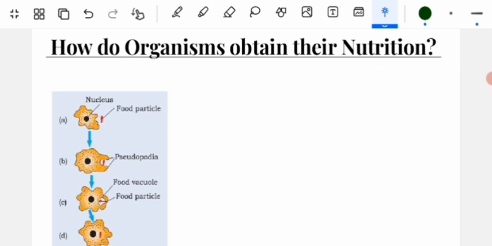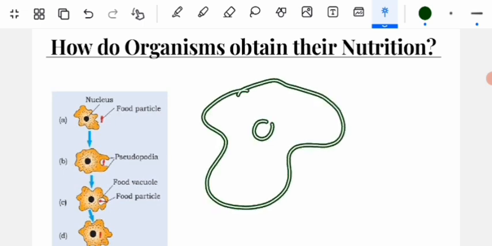As the cell number increases, the complexity of the system also increases. In that, if you see amoeba, okay, this is amoeba, this is nucleus, this is cytoplasm, liquid होता है, this is nucleus होता है ना.